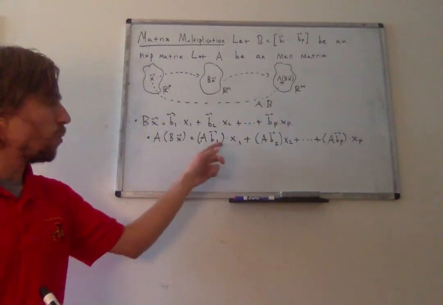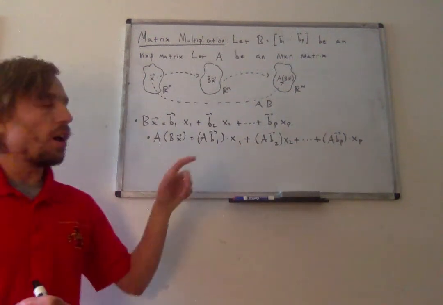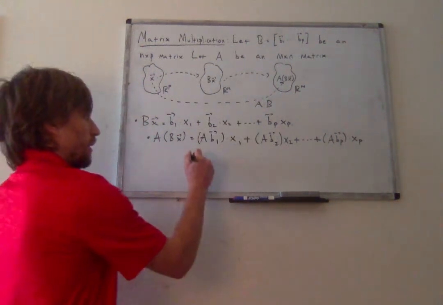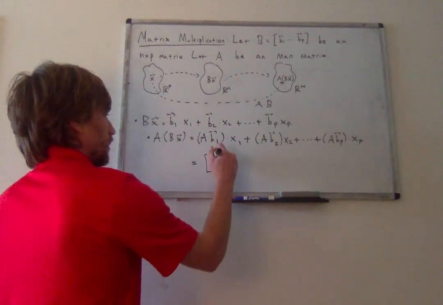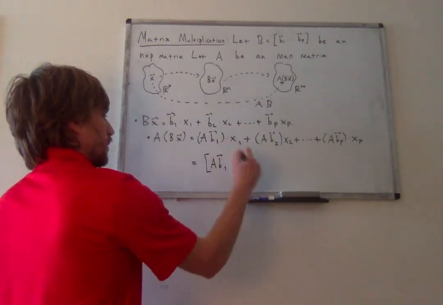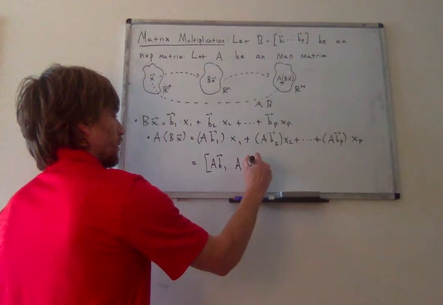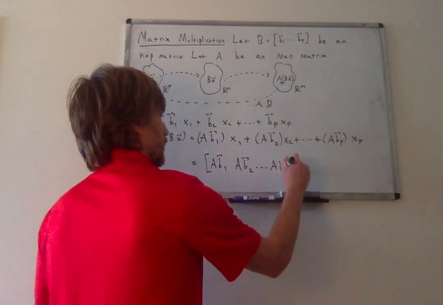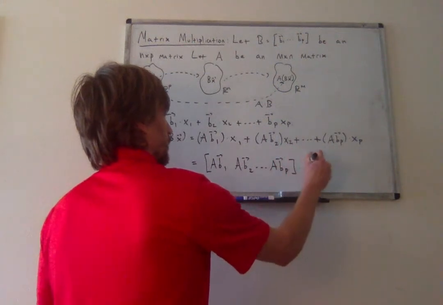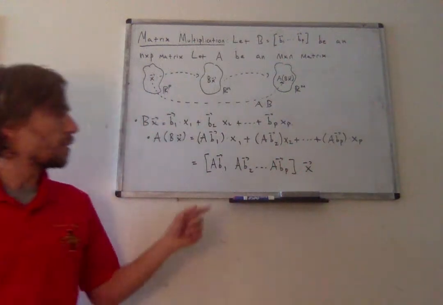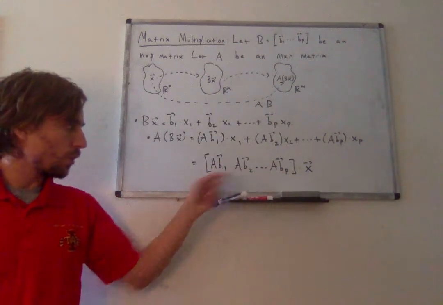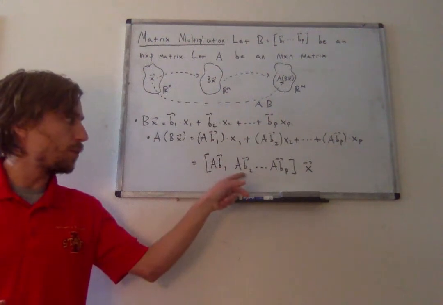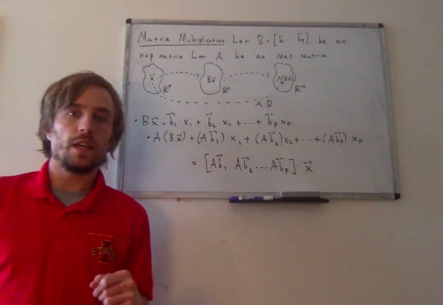But notice, by the way this is defined, this looks an awful lot like the product of some matrix and a vector x, and it turns out it's the product of this matrix whose columns are given by the vectors A times b1, A times b2, and so on, times this vector x.